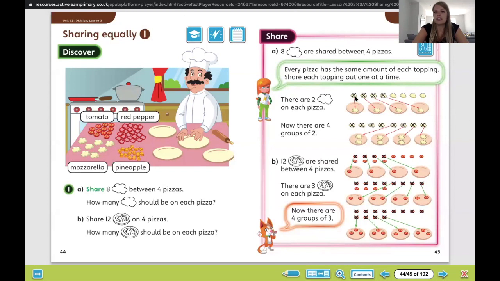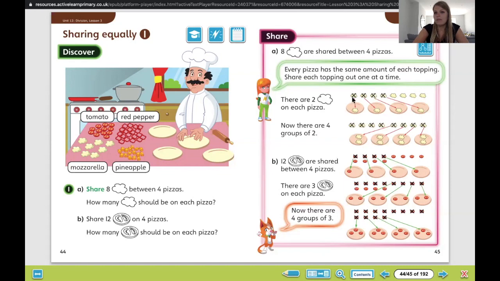So on this picture here, we've got the picture of the 8 mozzarella pieces. We've also got a picture of the 4 pizza bases. And the little girl has started to share the mozzarella pieces one at a time on each pizza base.